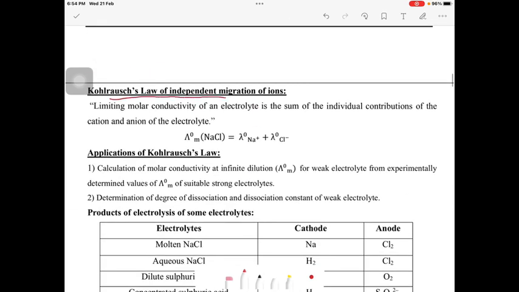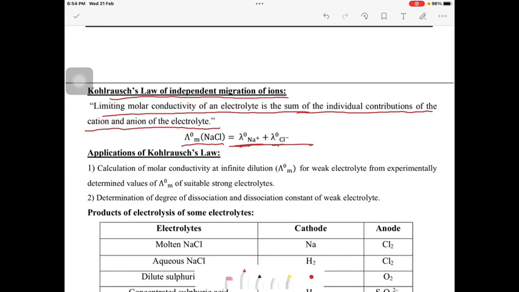Kohlrausch law of independent migration of ions: the limiting molar conductivity of an electrolyte is the sum of individual contributions of the cation and anion of the electrolyte. For example, the limiting molar conductance of NaCl is equal to the sum of that of the cation Na plus and the anion Cl minus.